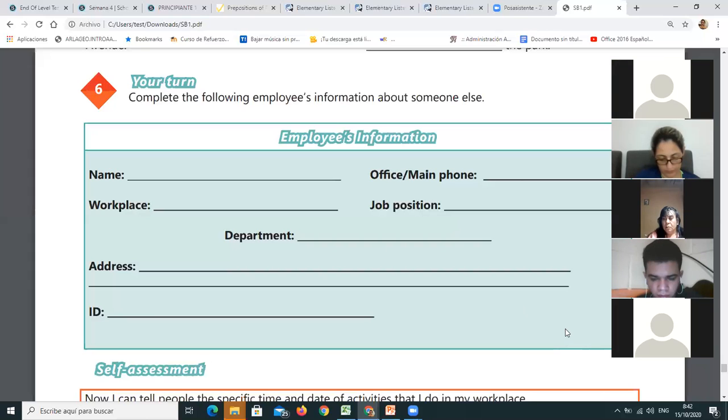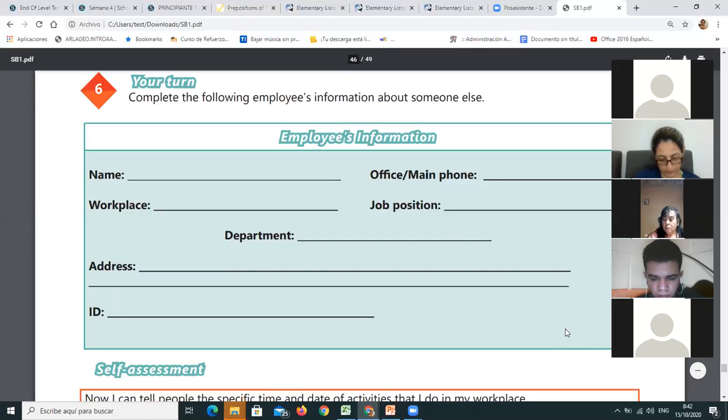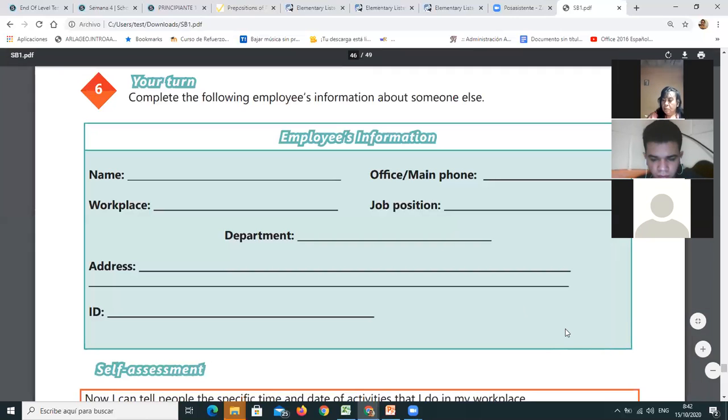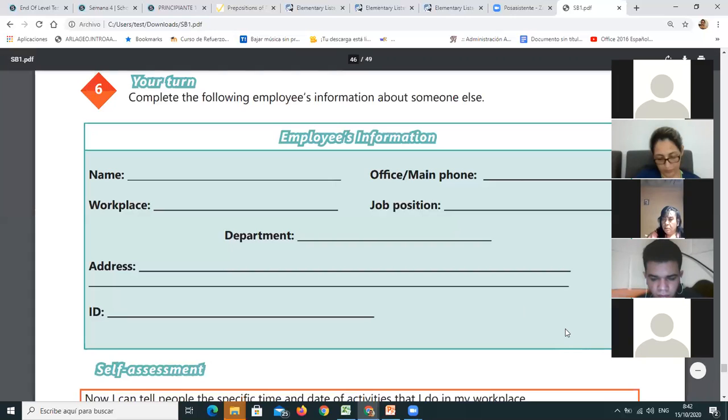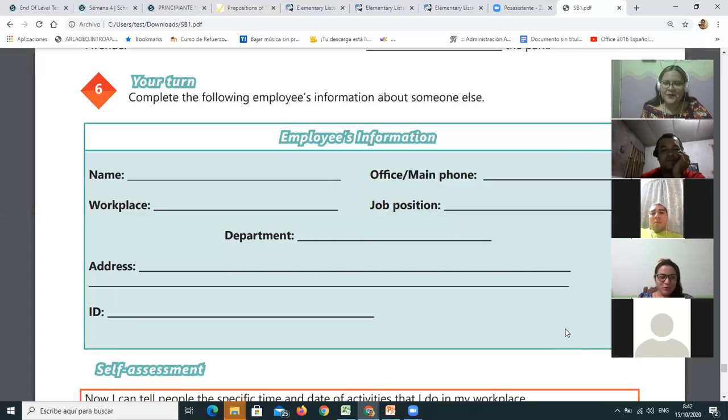Yes. It is Tower 4, Level 9, Colonia Escalón. Okay, thank you. What is your ID?